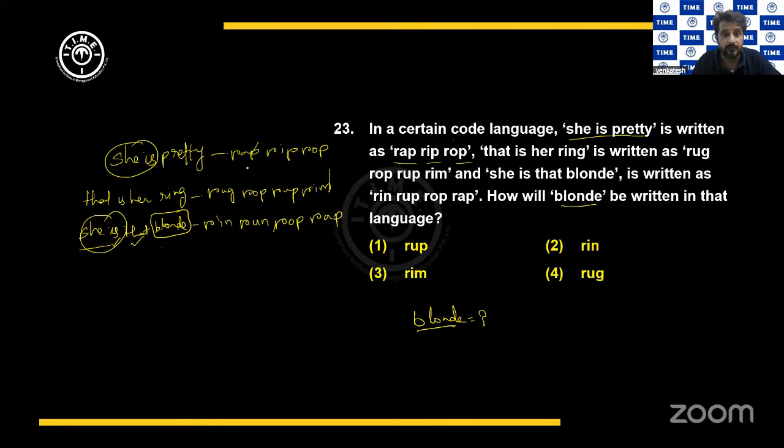So rap and rop are identified; that is common in the first and third statements. In the second and third statements, what is the common one? It is rup. Rup is common. Now, what is the only leftover term? Blonde. The leftover code is rin. So the answer is rin.